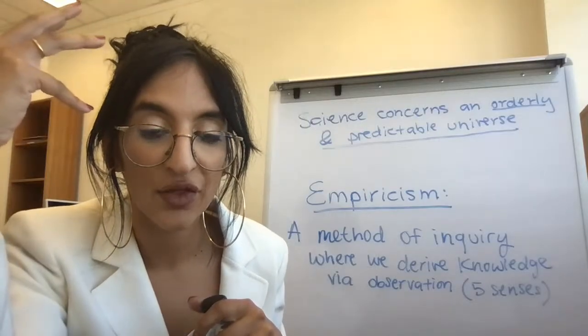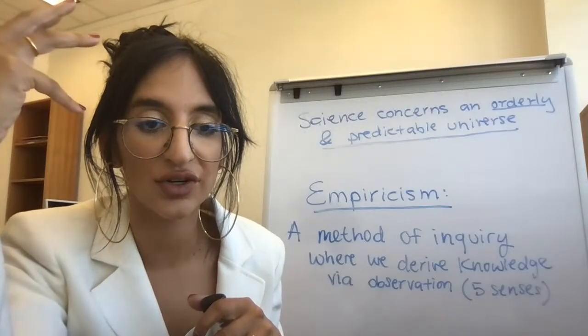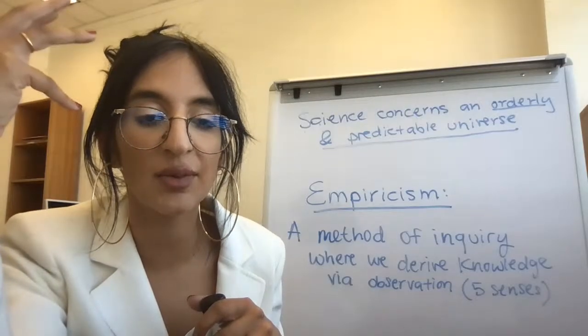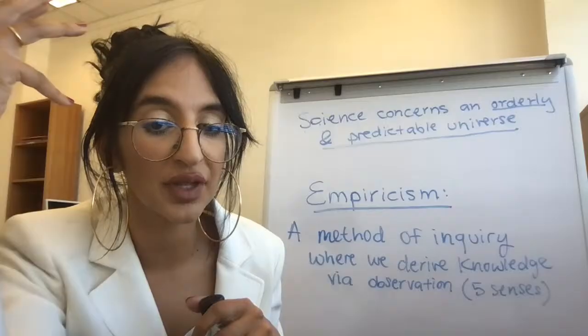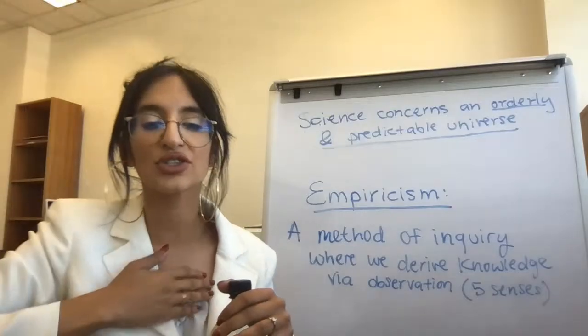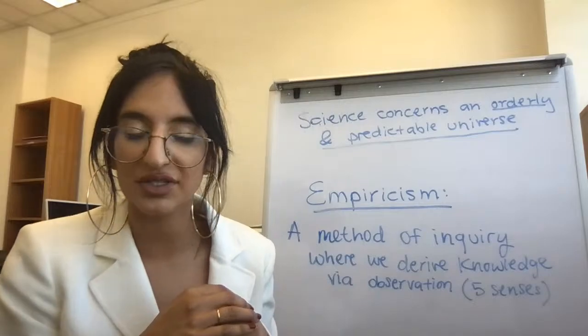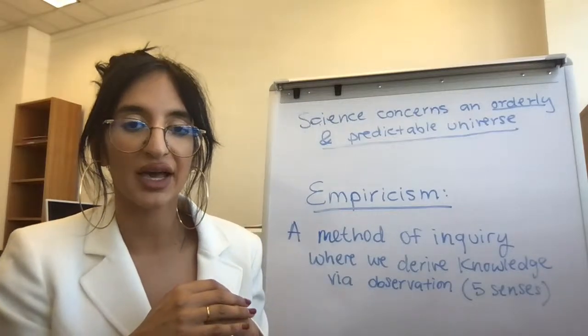The orderliness of the universe allows me to make justifiable inferences about the future because I can safely assume that the future, for all practical purposes, will be like the past.